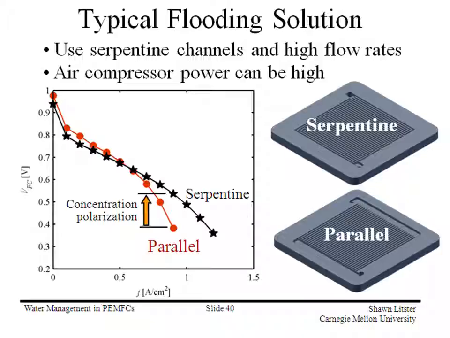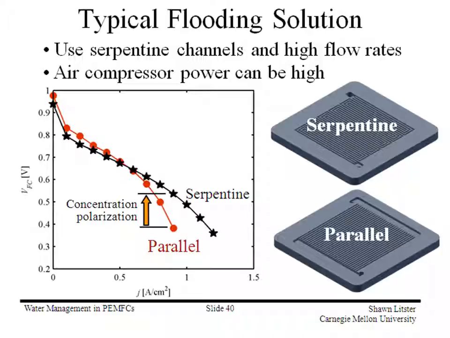And this is what it would look like if you plot fuel cell voltage versus current density for either serpentine flow or parallel flow. The serpentine one here is 3 channels that work their way through, and the parallel is about 25 or so channels.